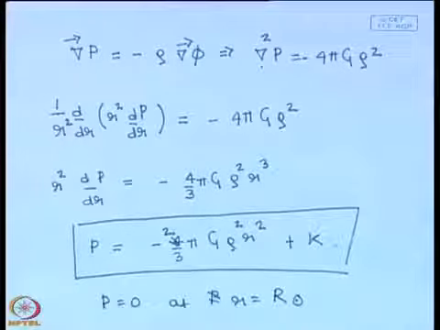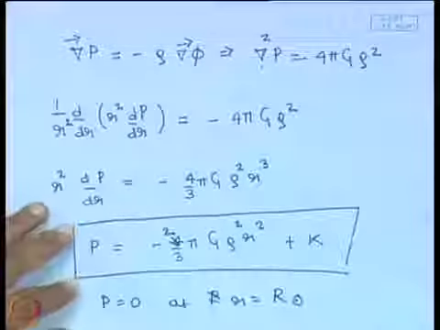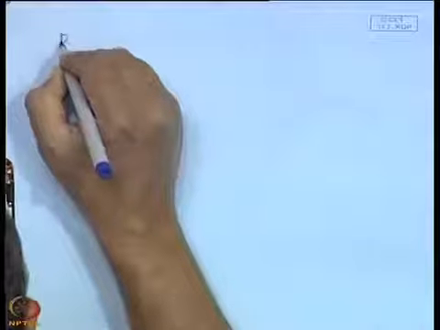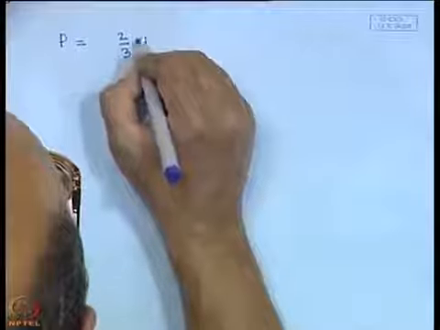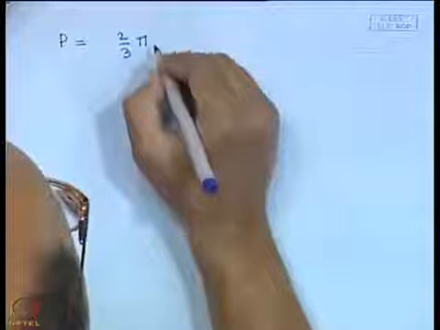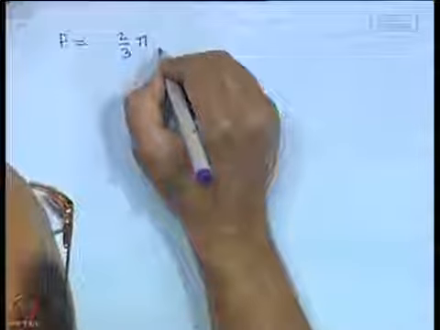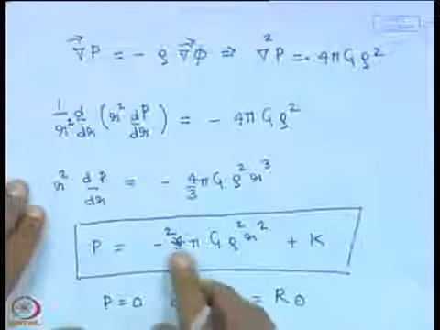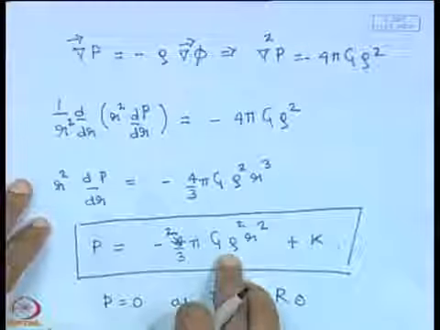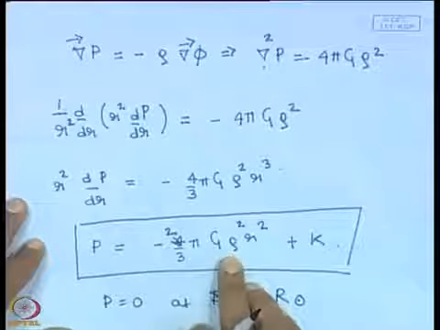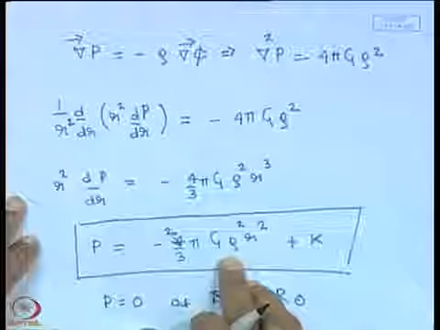So, imposing this boundary condition, what you have is that the pressure P is equal to 2 by 3 pi. Further, it is convenient to express this density in units of the total solar mass.